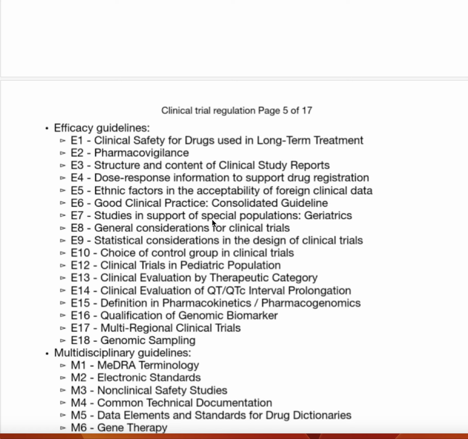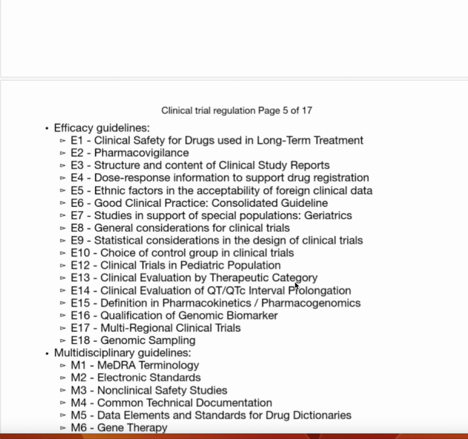E7 is studies in support of special populations: geriatrics. E8 is general considerations for clinical trials. E9 is statistical considerations in the design of clinical trials. E10 is choice of control group in clinical trials. E11 is clinical trials in the pediatric population.